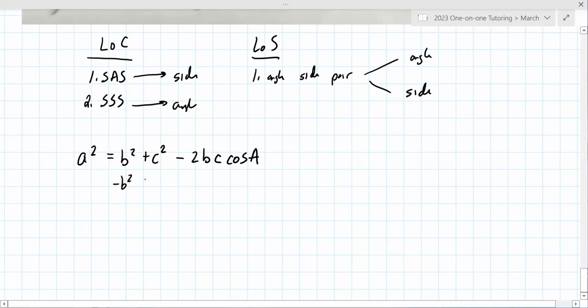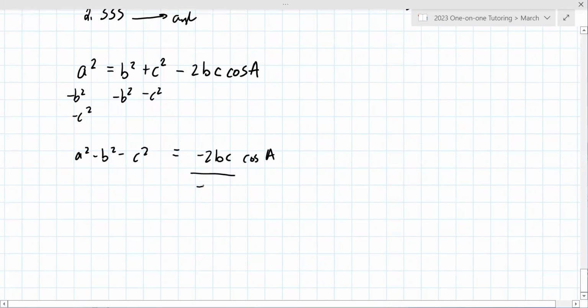You're going to subtract B squared and C squared from both sides. So it's A squared minus B squared minus C squared equals minus 2BC cosine A. And then you divide both sides by minus 2BC. Okay, those cancel. And then you take the cosine inverse.